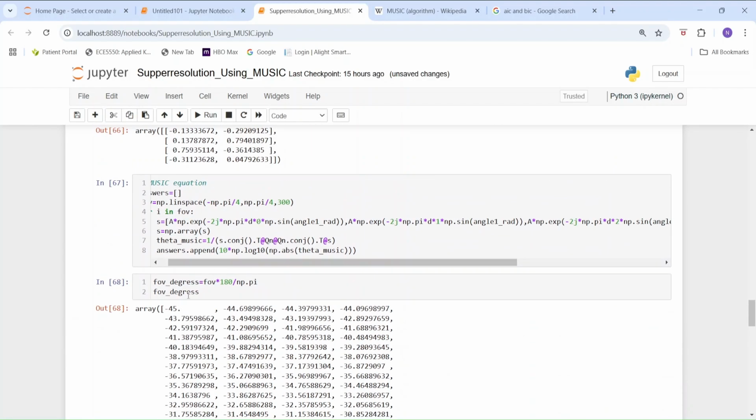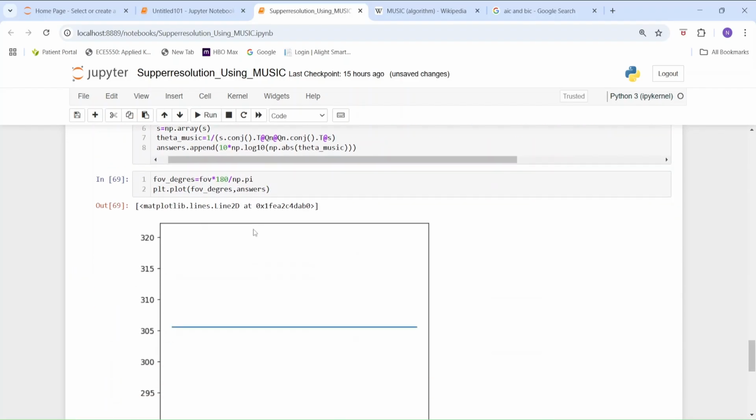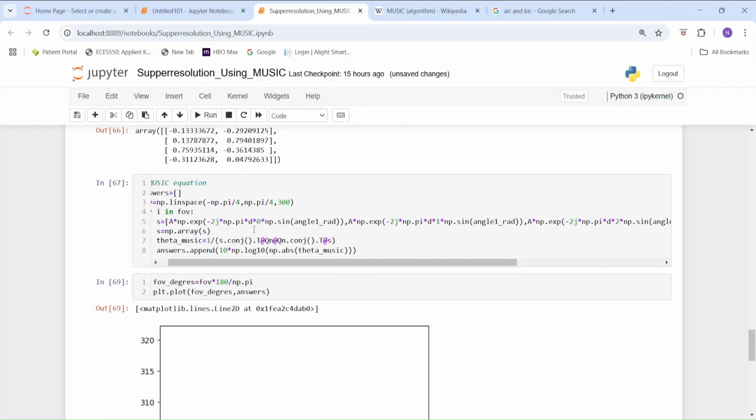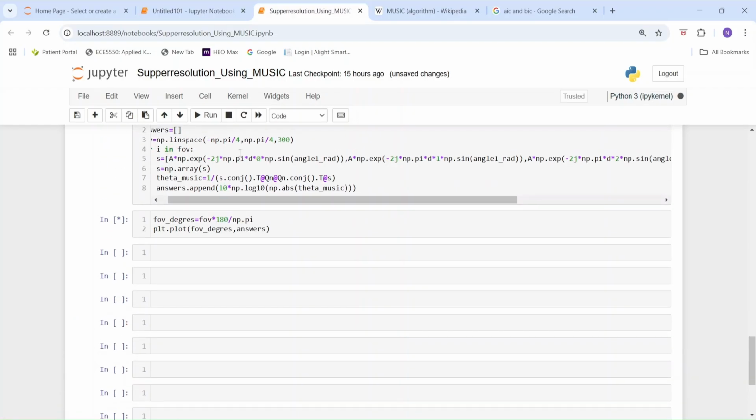And there is no error, so let's plot it out. So plt.plot, we have the field of view in degrees, and then we need to have these answers, right? And plot it. Oops, let's run it again from the beginning.